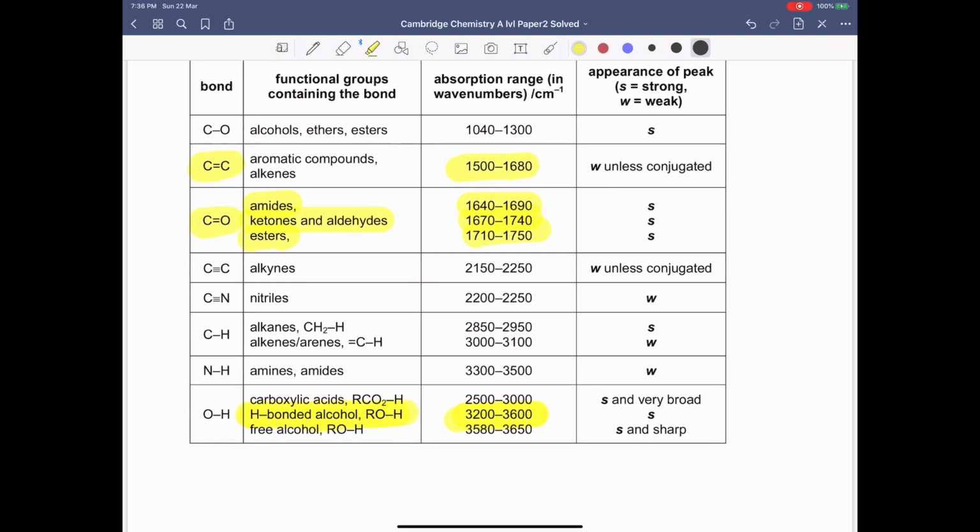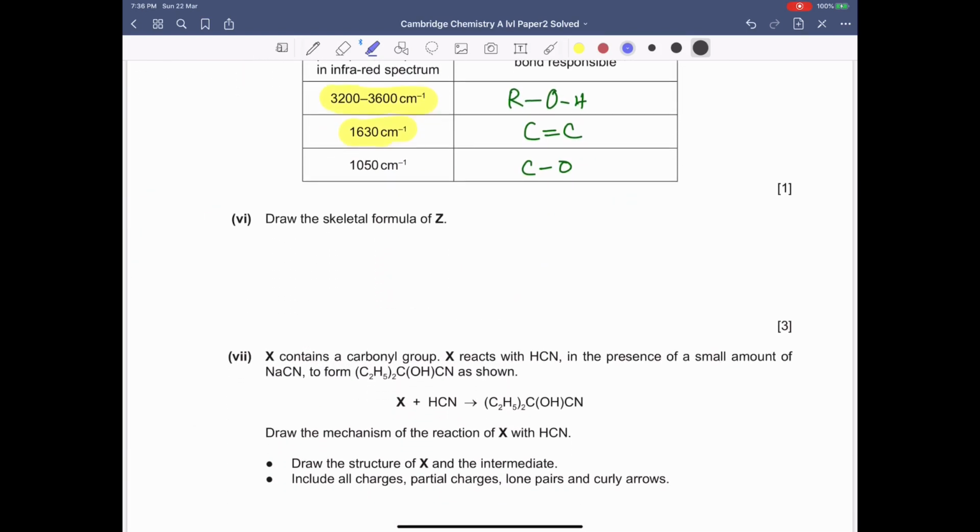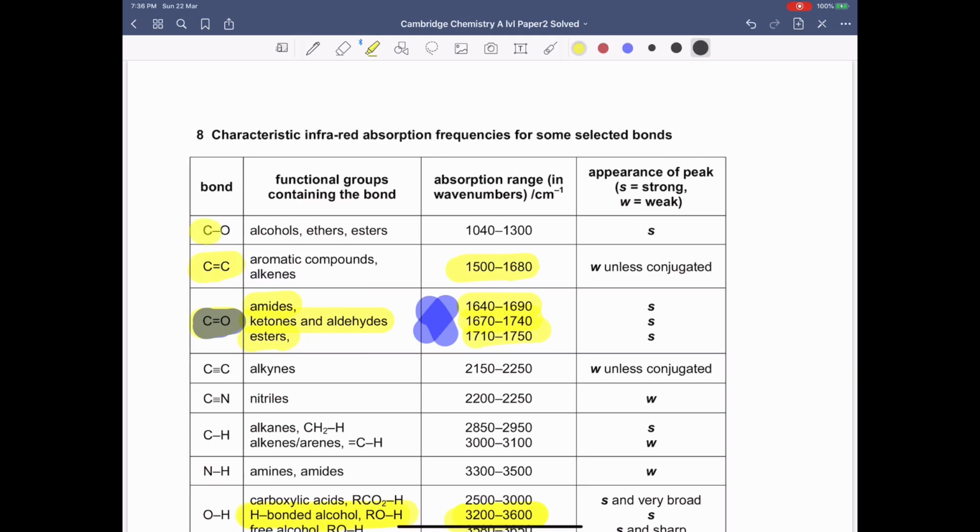Now you might be wondering that it also equals C=O double bond. However, it's not going to be C=O because we have only one oxygen. 1050 refers to C-O single bond. C-O single bond comes between 1040 to 1300.